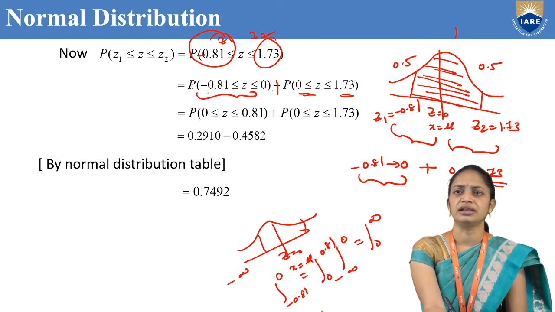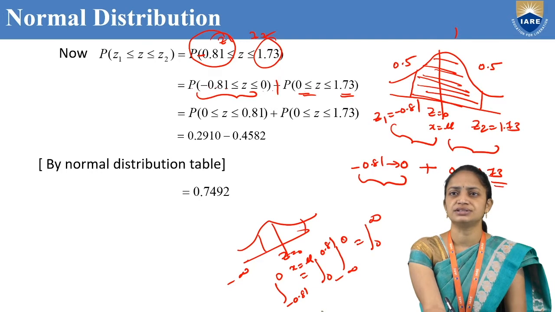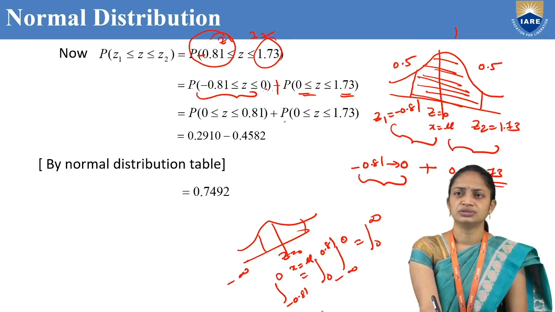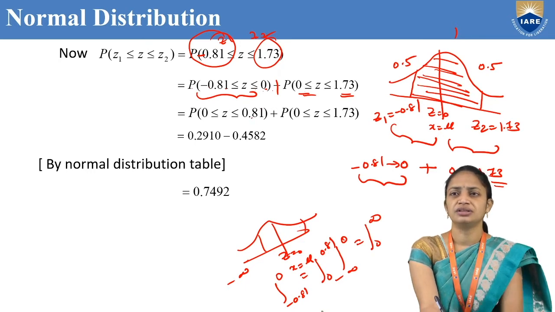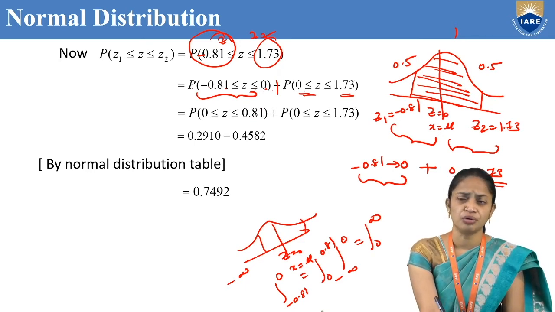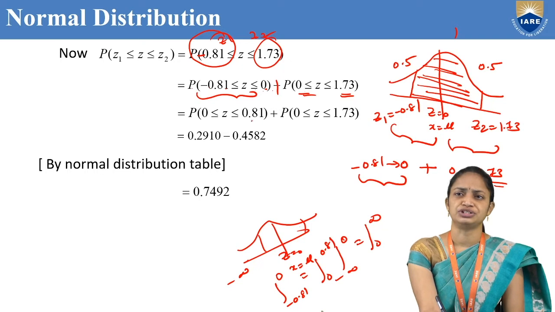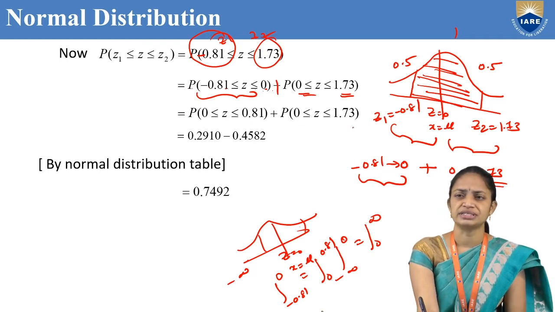So I am writing here the probability of 0 to 0.81. I am converting this negative value into positive because there are no negative values in the normal distribution table. So the probability of 0 to 0.81 plus 0 to 1.73.